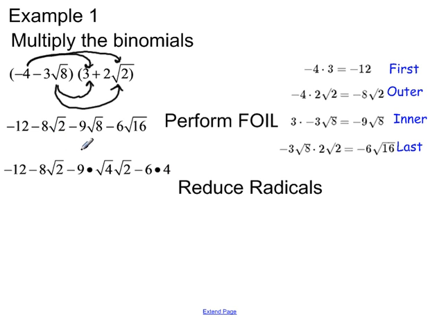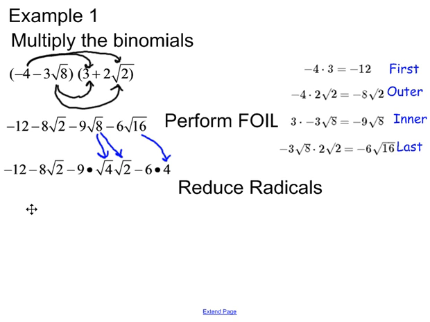It's already reduced. But radical 8 we can reduce. We can rewrite that as radical 4 times radical 2. And radical 16 is just 4. So you reduce the radicals that you can reduce.